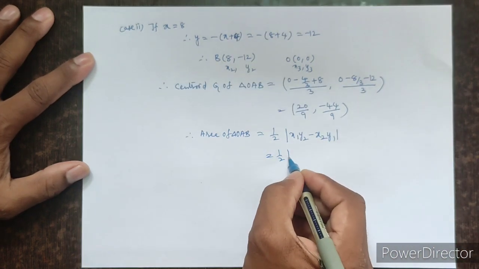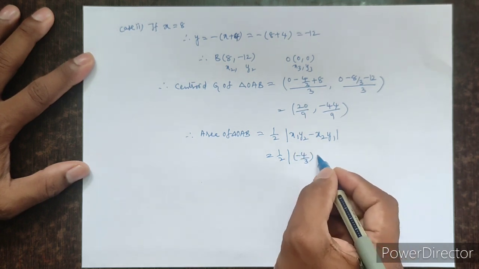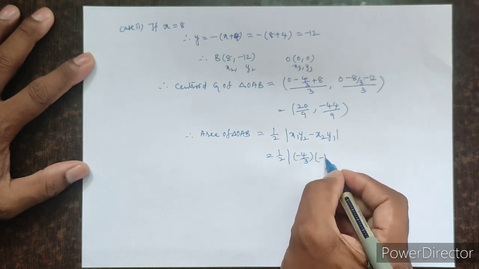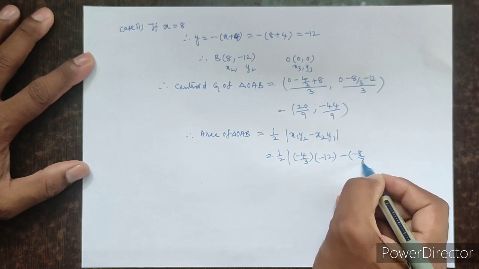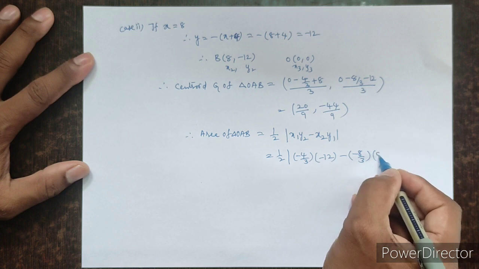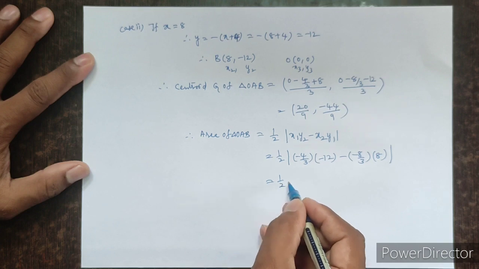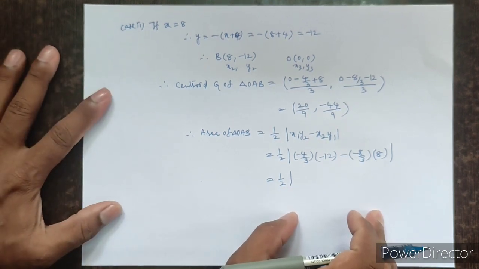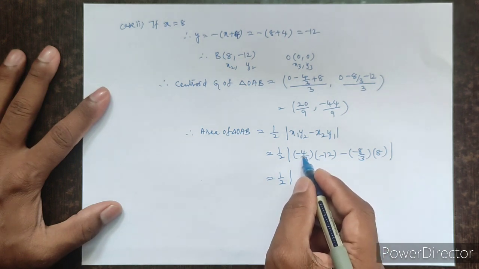That equals 1 by 2 of x1, which is minus 4 by 3, y2, which is minus 12, x2, which is minus 8 by 3, into y1, which is 8. So 1 by 2 of, this is minus 36, minus 4.